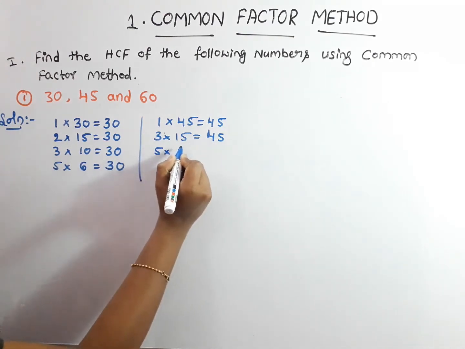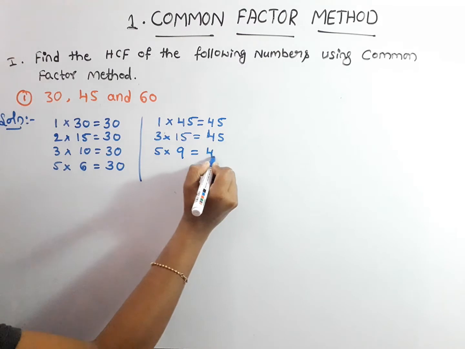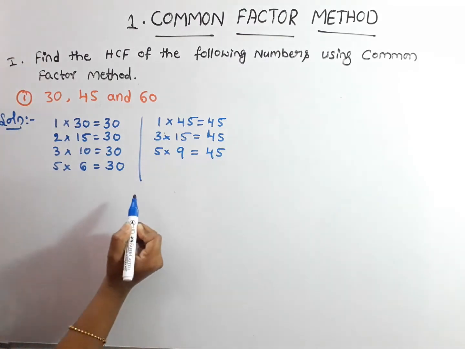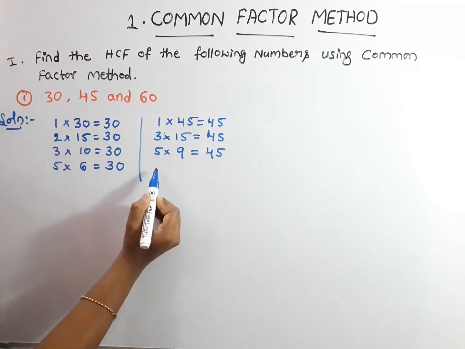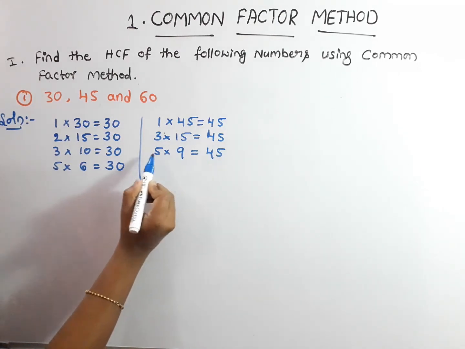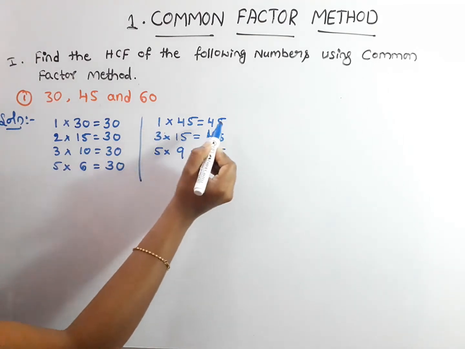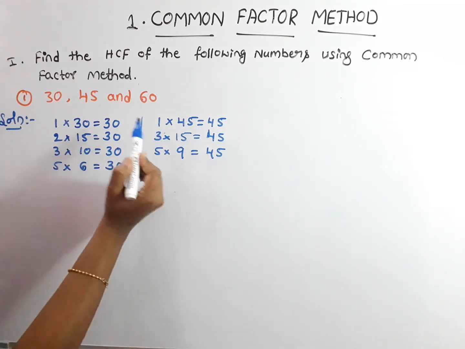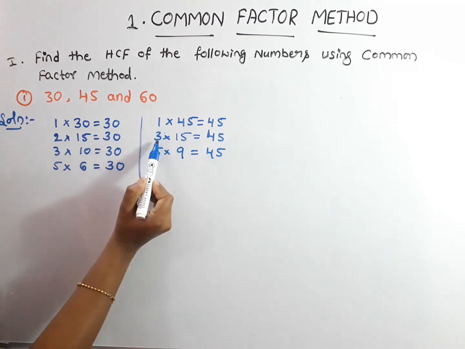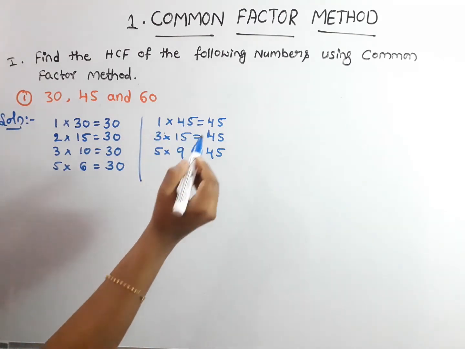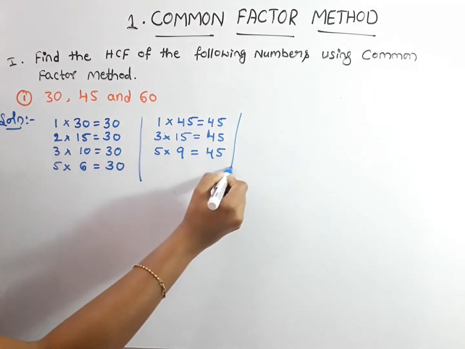So check with 5. 5 times 9 is 45. Then again by 6 we can't divide. By 7 also we can't divide. By 8 also we can't divide. So again 9 times 5 is 45. 15 times 3 is 45. 45 times 1 is 45. So the factors of 45 are 1, 3, 5, 9, 15 and 45.